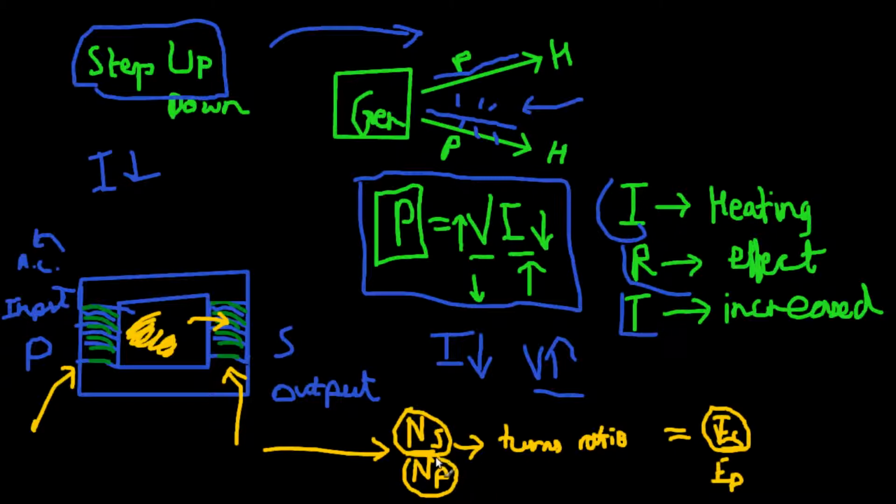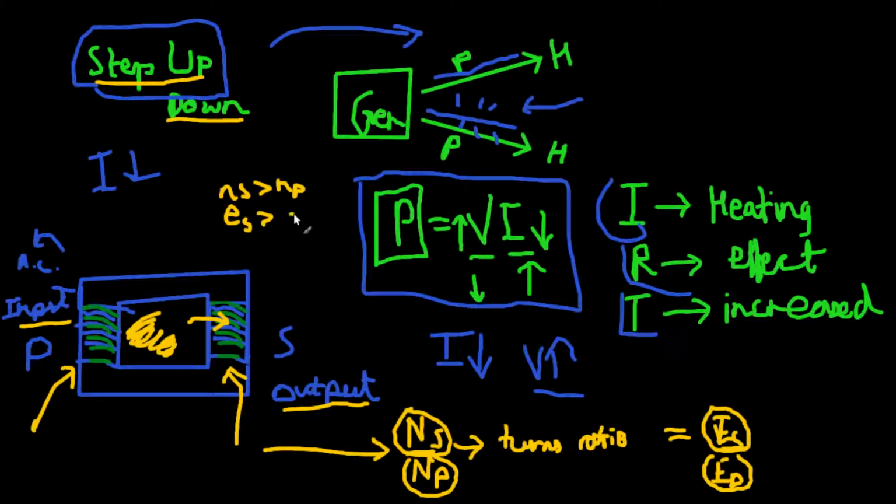So another rule now, you have, as I said at the beginning, step up and step down. Now remember this is output here, input here. So if NS is more than NP, that also means we can say from this relation here that ES is more than EP, which means your output is more than your input.